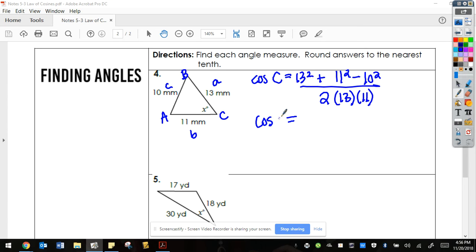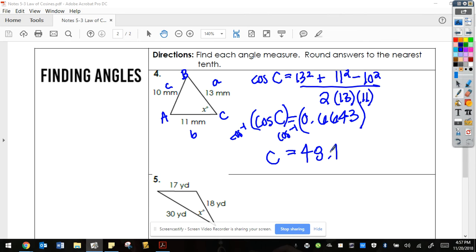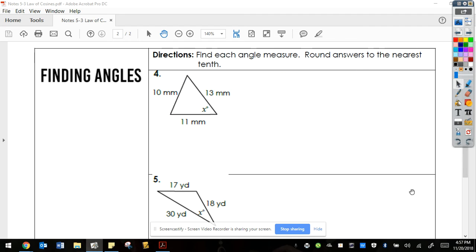Type this all in the calculator and you get that cosine of capital C is 0.6643. If you do the inverse cosine of each side, you should get that C equals 48.4 degrees. All right, now you guys try numbers 5 and 7.